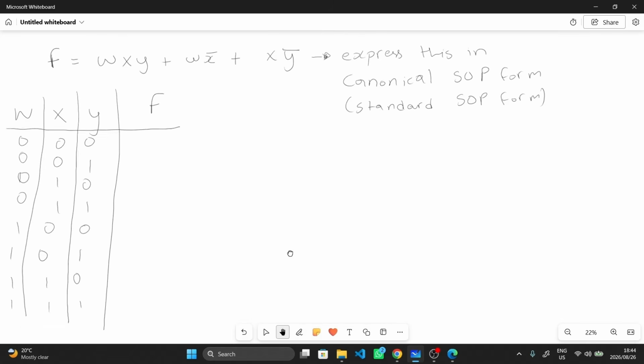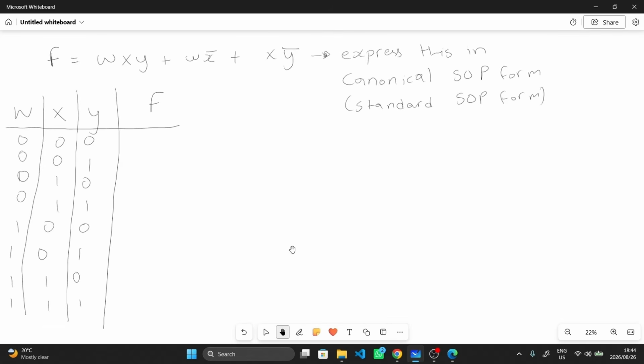So one method is to use the Boolean expression or the truth table. You substitute the values in the truth table to get the values.